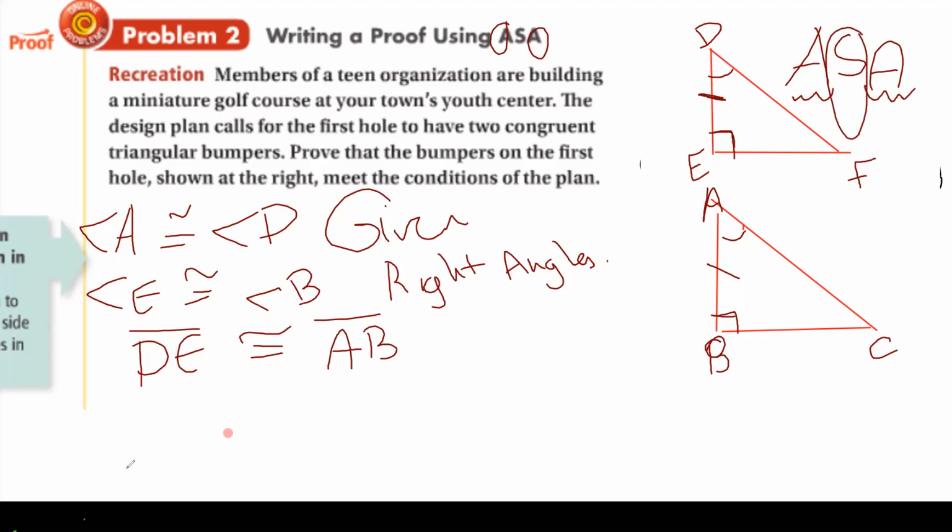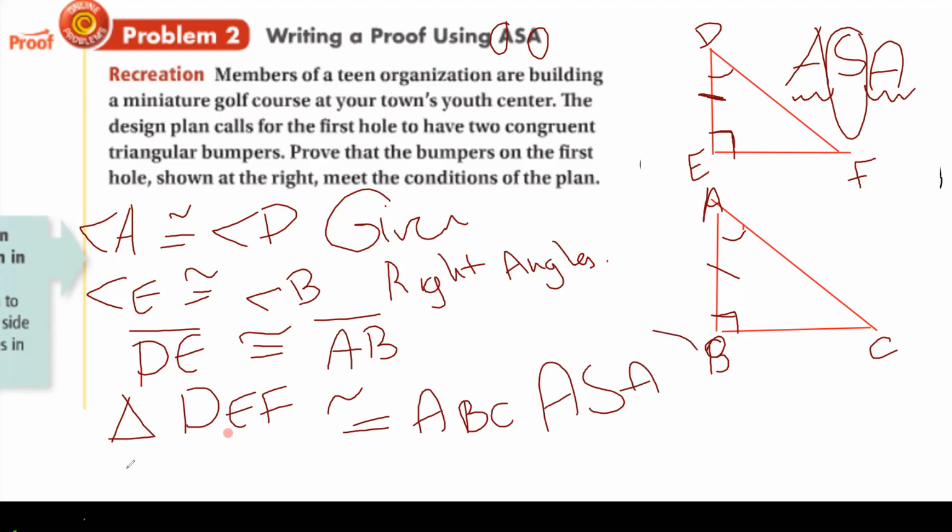So because of that, I can say that triangle DEF is congruent to ABC, using the postulate ASA.